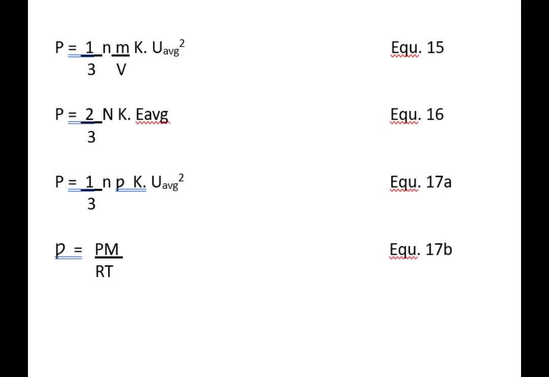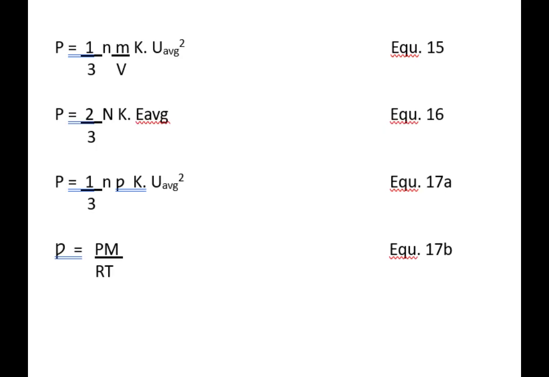Since m/V is equal to density, ρ, then the pressure of the gas, P, is equal to the product of density, gas constant and temperature divided by its molar mass. This gives equation 17b as the relationship between density, pressure, molar mass, as well as the temperature of the gas molecule.